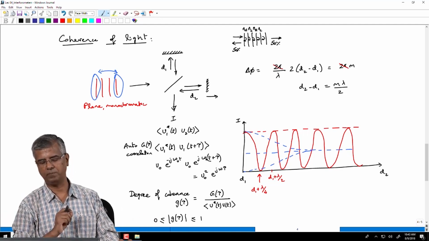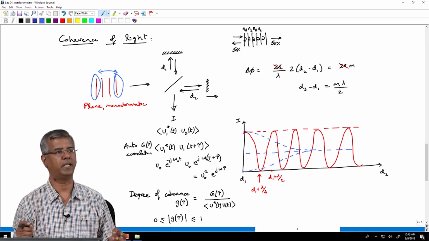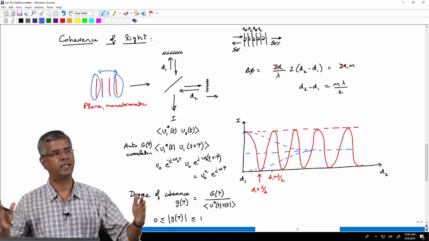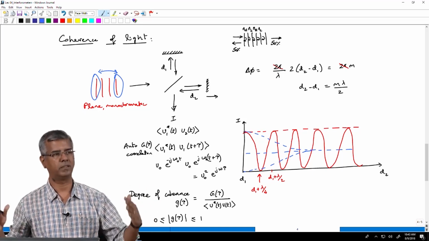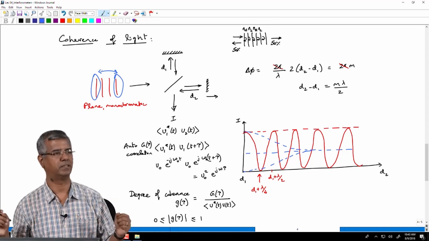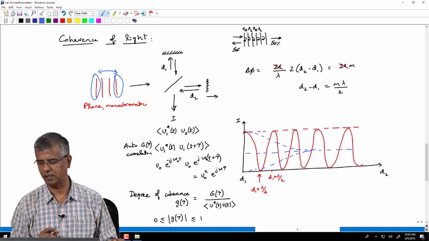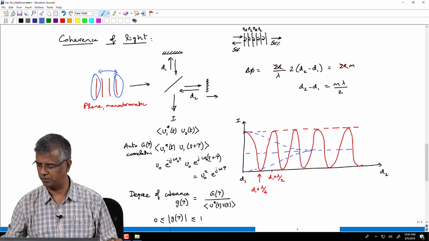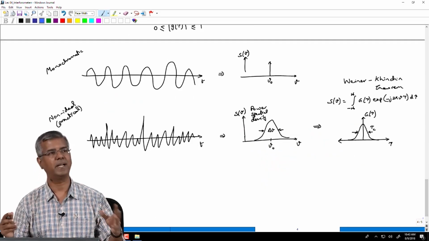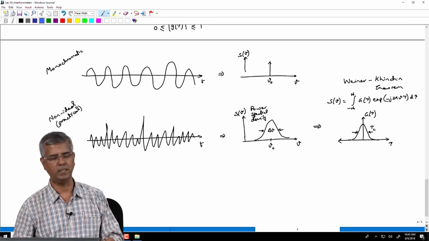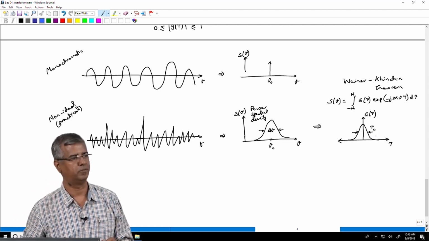If it is a polychromatic source, that correlation holds good only for a certain time or a certain distance. Beyond that, the overall contrast between the maxima and minima starts reducing, and that reduction is defined by the envelope of this autocorrelation function.